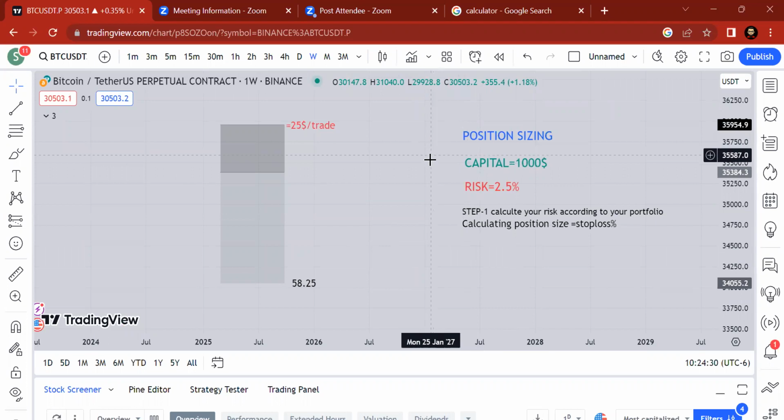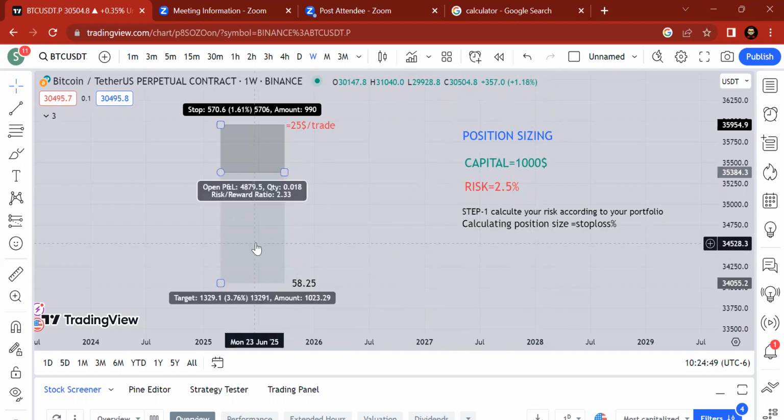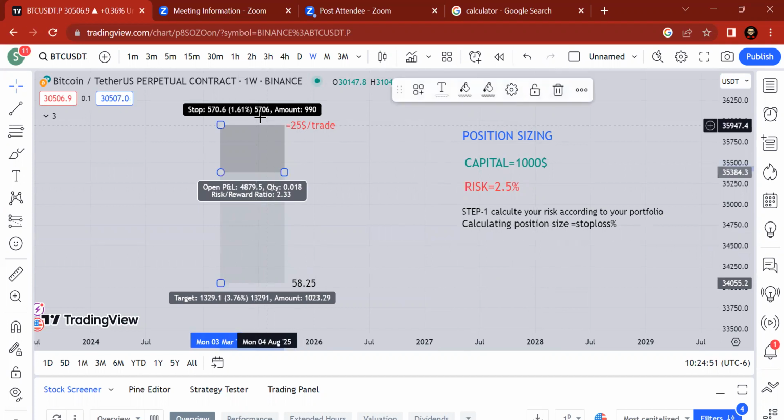Leverage, I explained it to you. How to get 2.5%? Just multiply whatever percentage you want to risk with your capital, and you will get that amount, like this, 25. Then with every trade you want to take, you have to calculate the position, like this percentage.